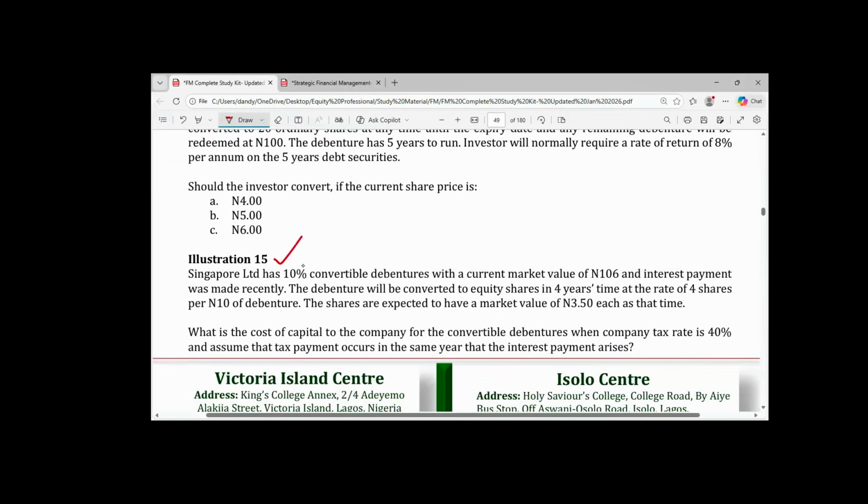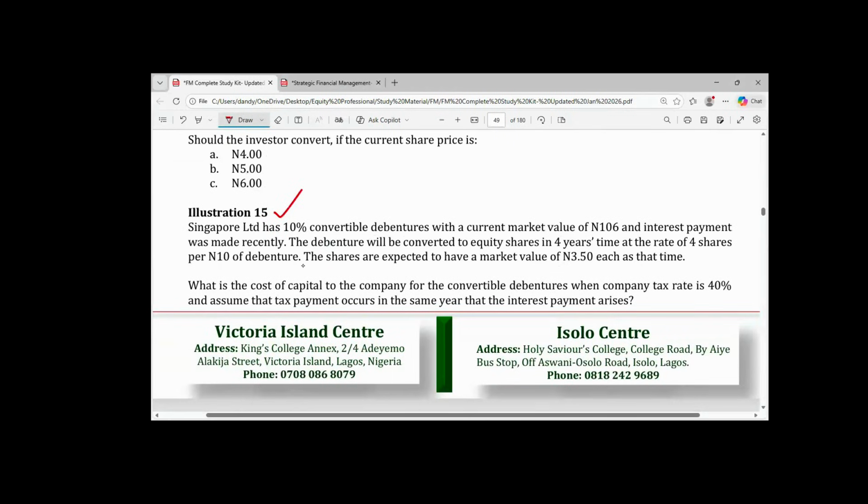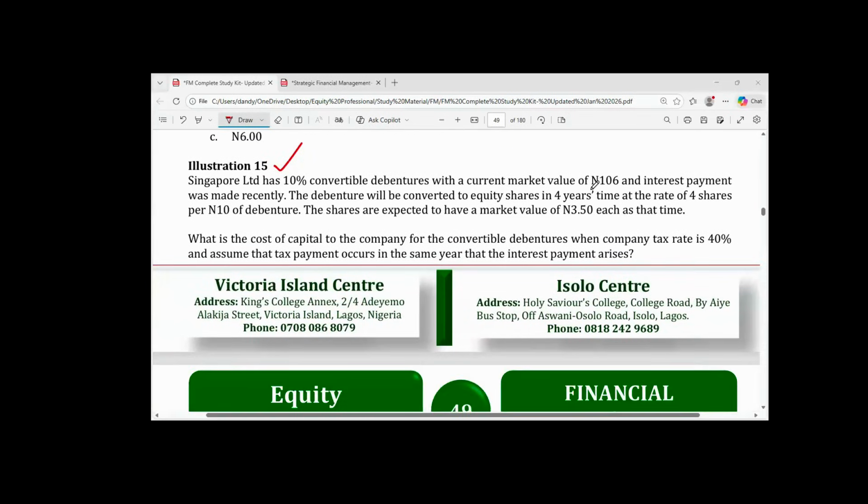Singapore Limited. Okay? So who is helping us to read this? Yes. Who will help us to read? Thank you, Chidera. Go ahead. Singapore Limited has 10% convertible debentures with a current market value of 106 naira. An interest payment was made recently.